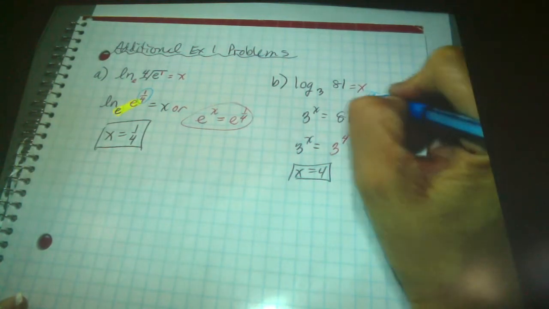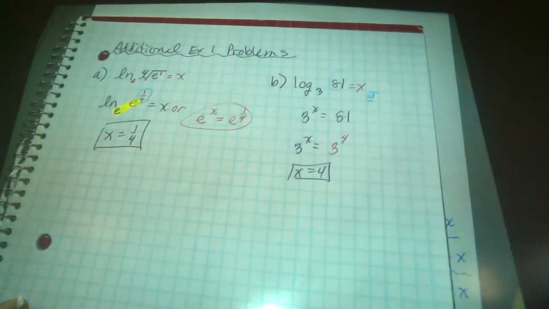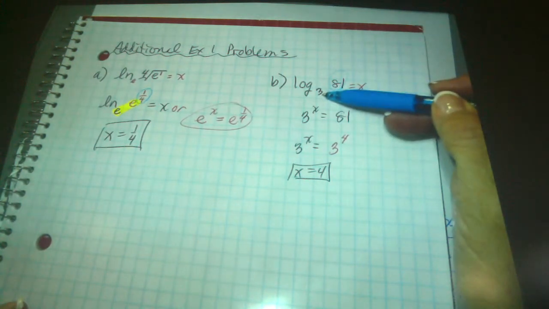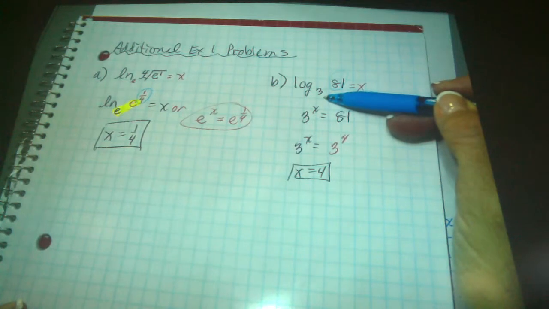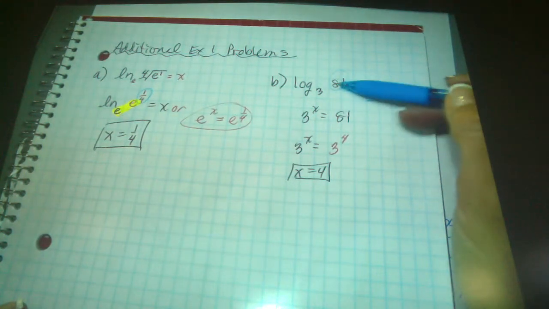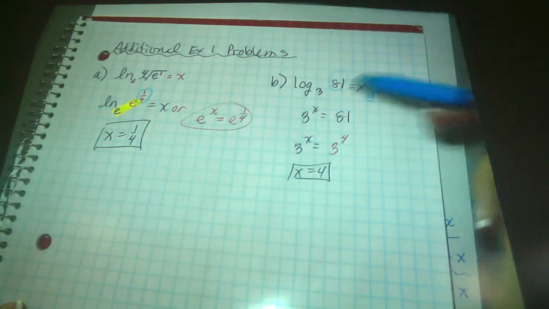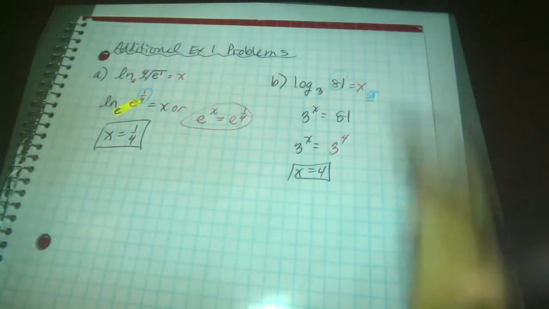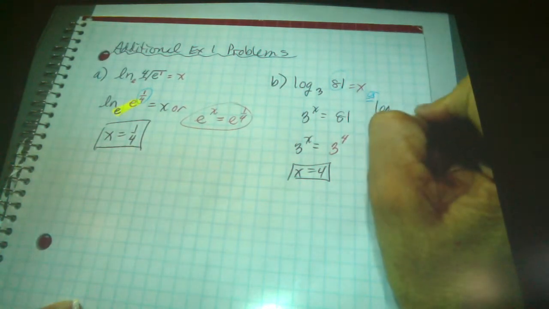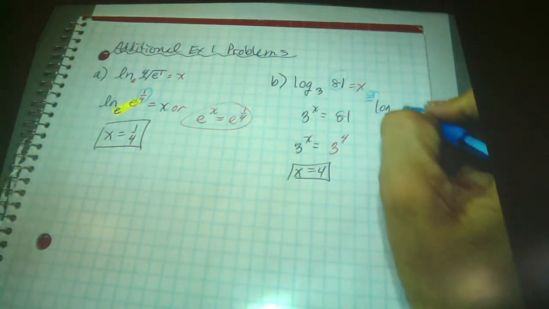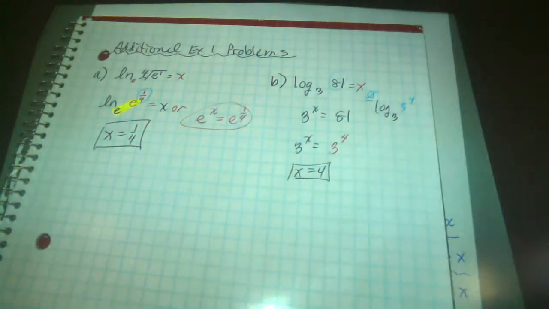Now, or, what could I have done with this? See how the base is 3? I could try to apply my properties. Can I change 81 into a base of 3 so that the base here and this base would be the same? Sure, so I could make it log base 3 of 3 to the 4th, right?